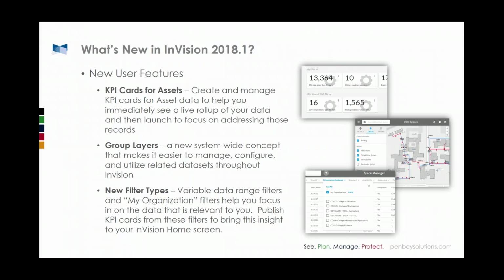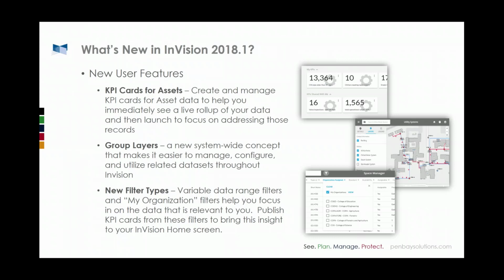So from the Asset Manager application, you can create and manage these KPI cards for whatever kinds of assets you choose to manage in your system, and those KPI cards then get shared out to your desktop or published from an administrator out to those that have access to Asset Manager.